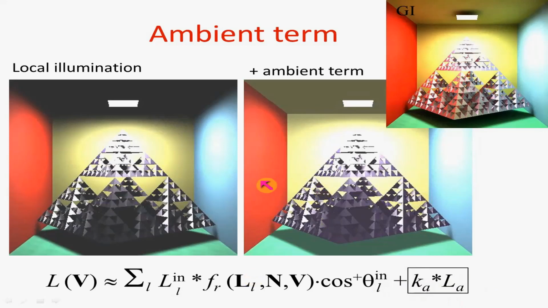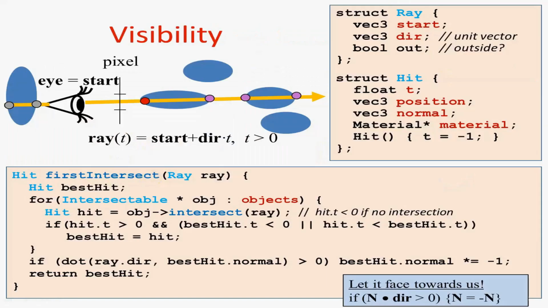Note, however, that the modified model with the extension with this ambient term is still very far from a physically plausible simulation, which is called global illumination. A fundamental operation of ray tracing is the identification of the surface point that is hit by a ray.